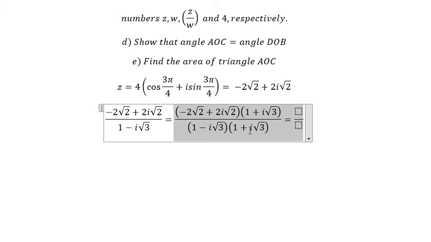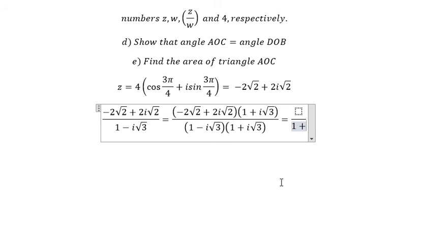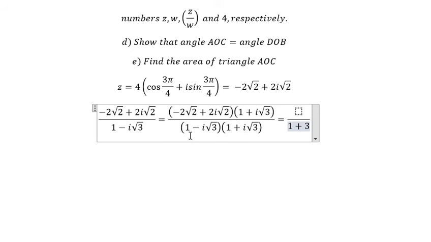This one you will get 1 plus 3, because the square of i is negative 1, and with the negative you get the positive, so you get 1 plus 3 in here.